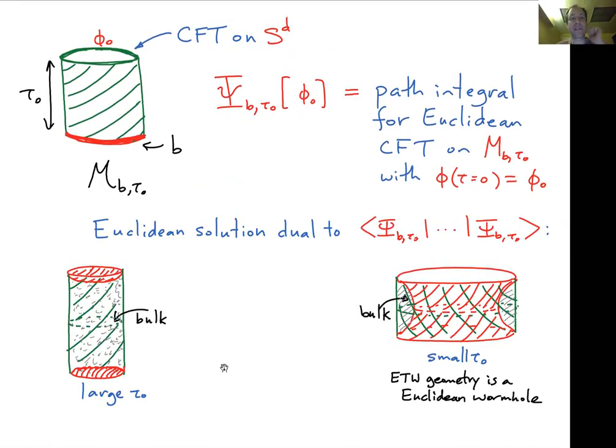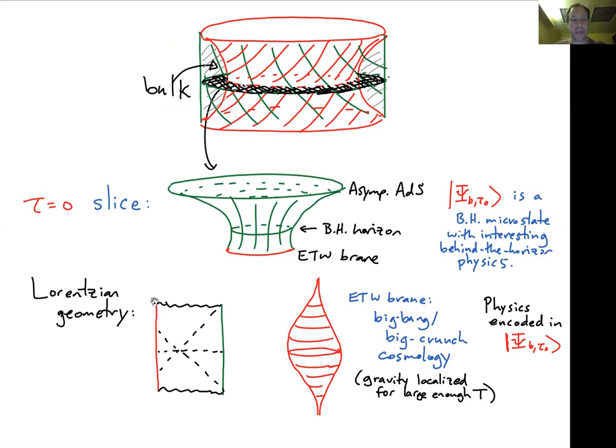Okay. So if we look at this geometry, remember, the end of the world brane is just taking the place of some complicated way in which the 10-dimensional geometry caps itself off.